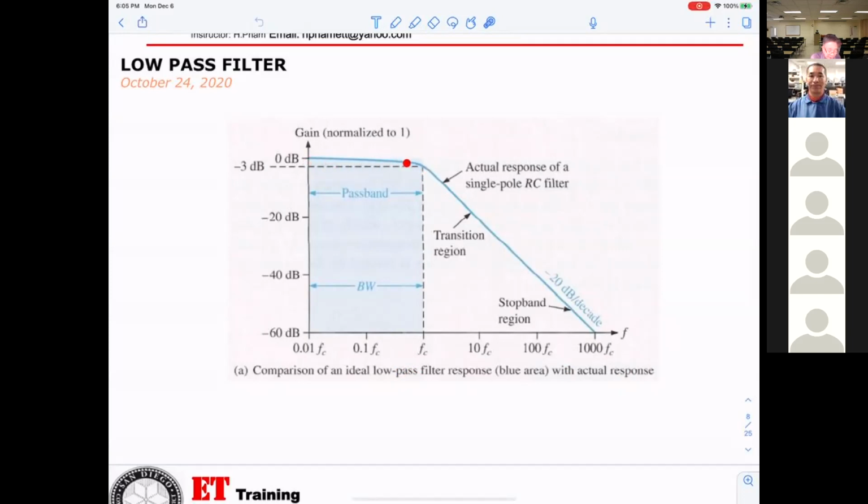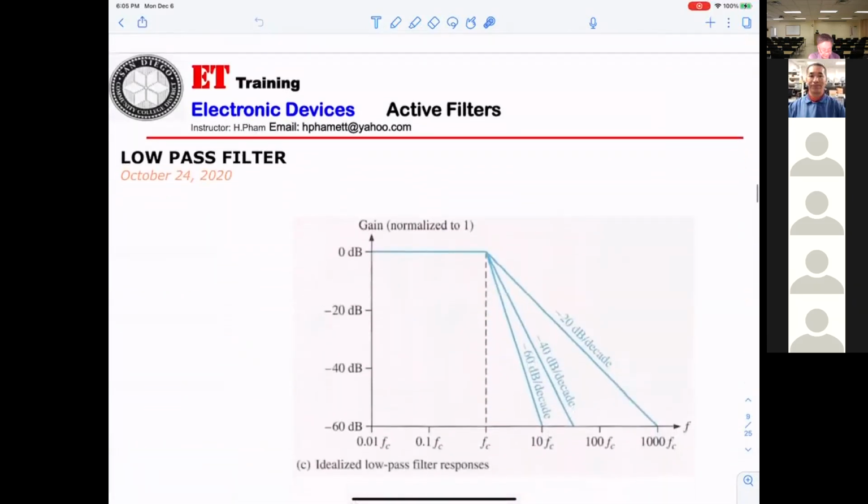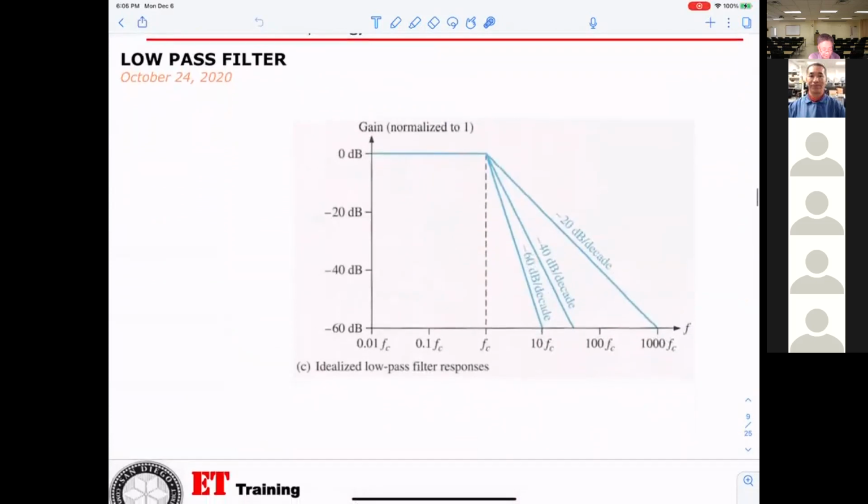Ideal will cut off at this point, and that tells you the bandwidth is from 0 to FC, the cutoff frequency.